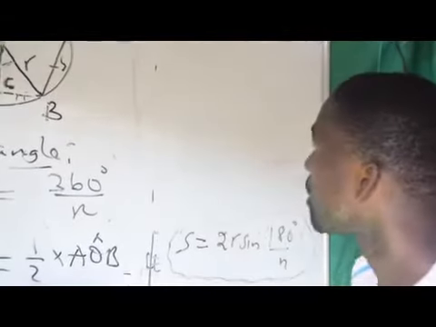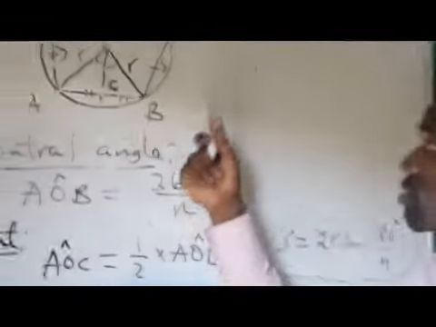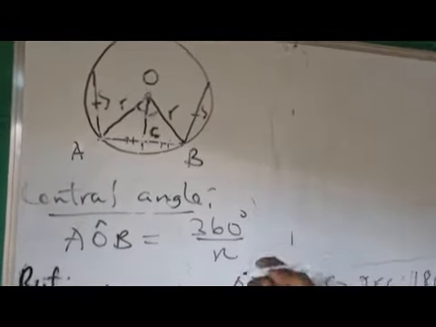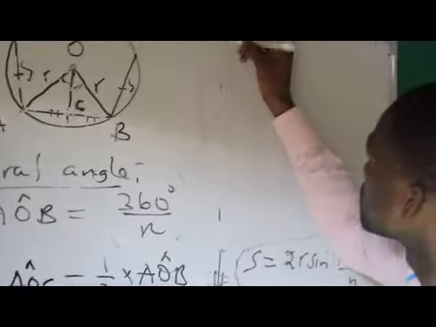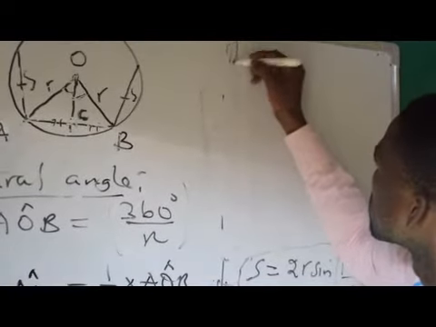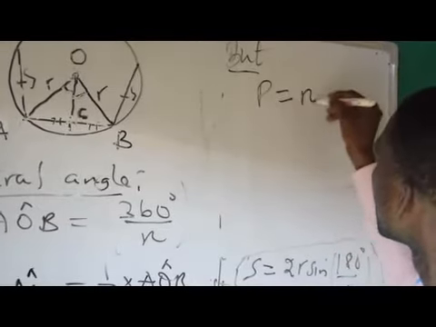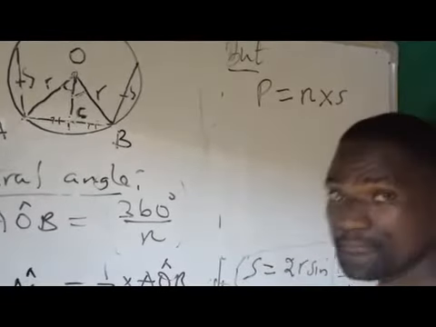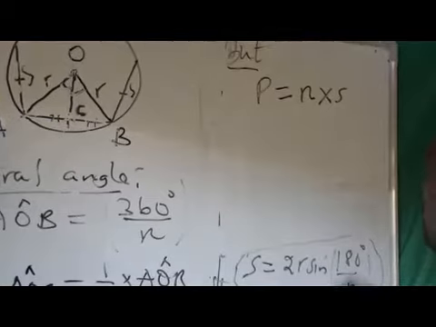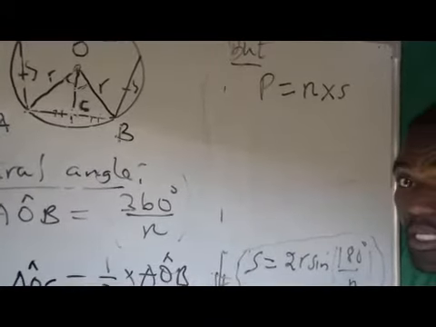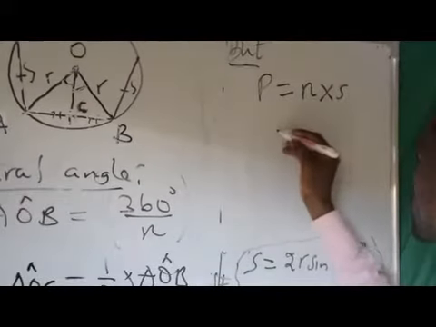Now, because the regular polygon we've assumed here has n sides, we hope that the perimeter is given by n times the side. So this side is now this one. You can take the formula of S and plug back into this one, you'll get the perimeter.